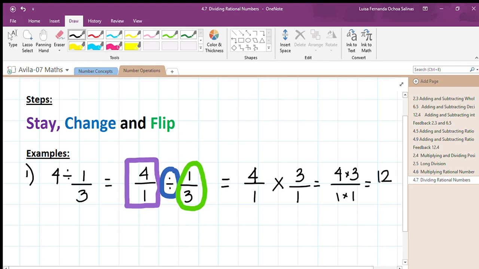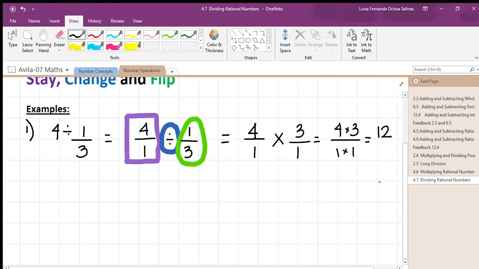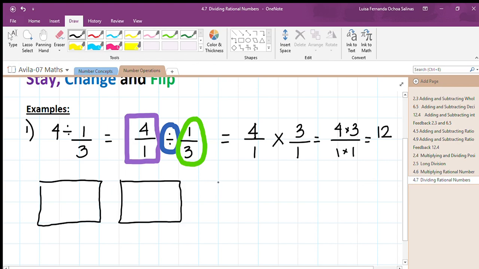Now let's look at what we're representing here. We can think that I have, let's say, 4 cakes: 1, 2, 3, and 4 cakes here.